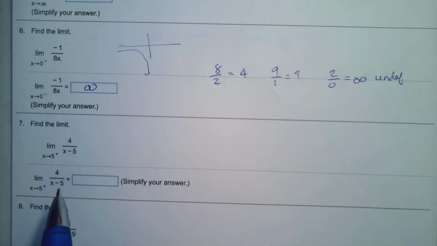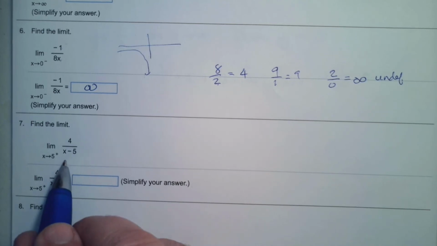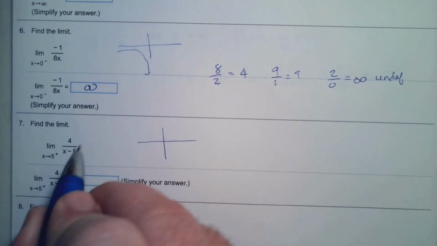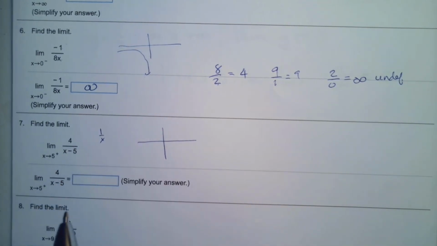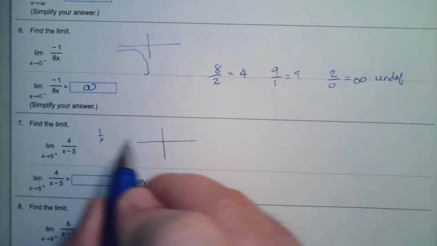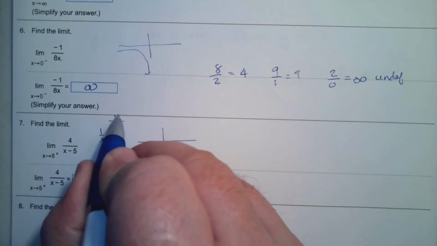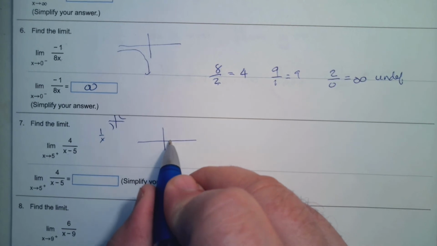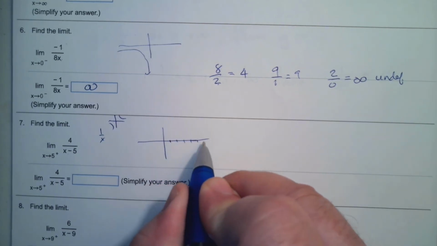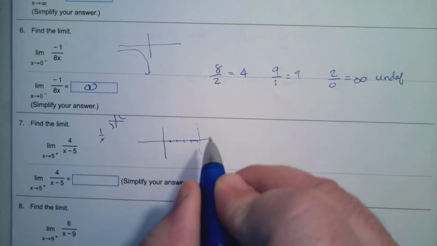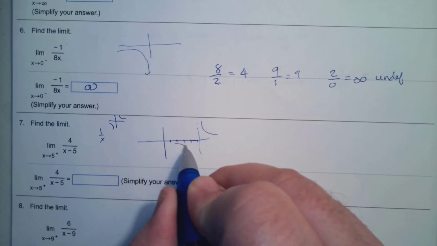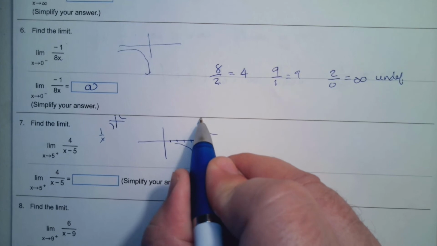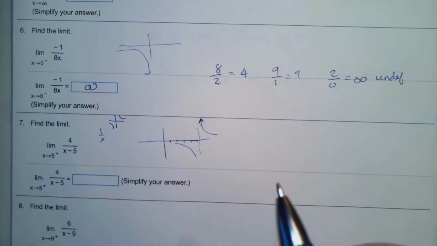Five, to the right. Same thing there. This is what this graph looks like. The basic function here is 1 over x, which is like this. It's shifted to the right 5 units. So as we're coming from the right, it goes to infinity.